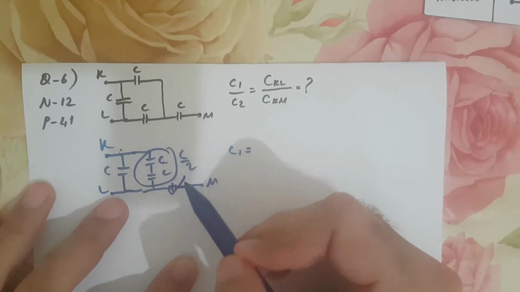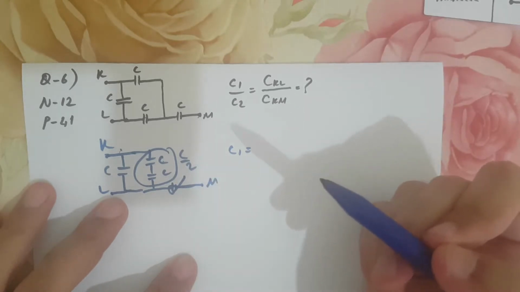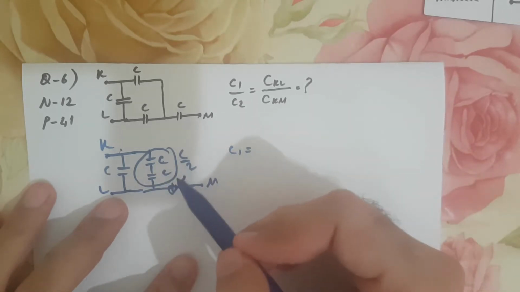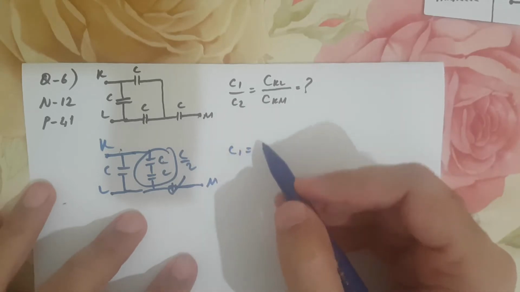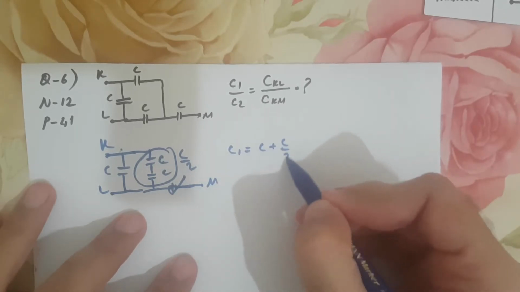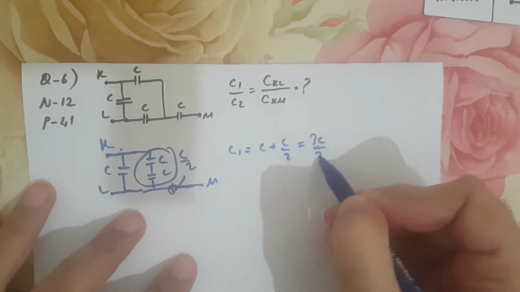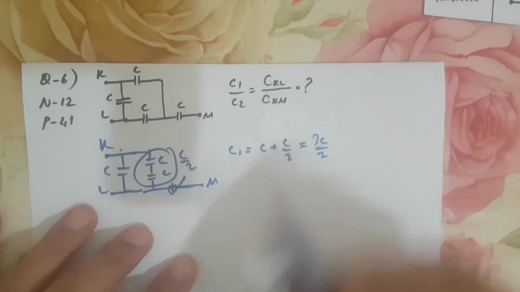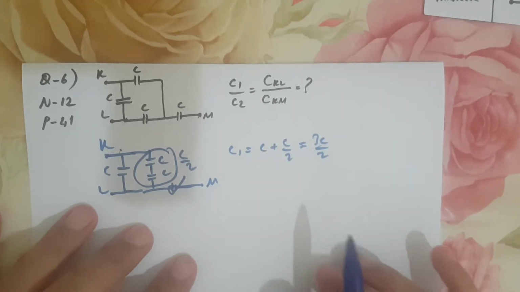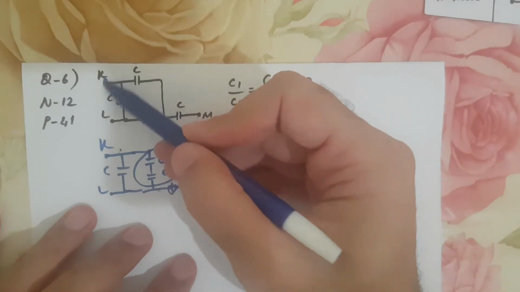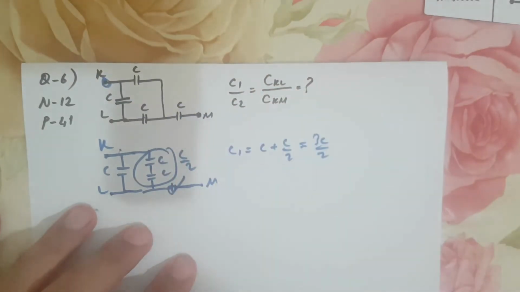Now C and C over 2 are parallel, so you just add to find the equivalent. C plus C over 2 becomes 3C over 2.